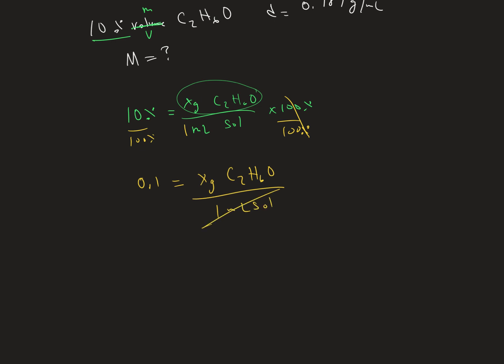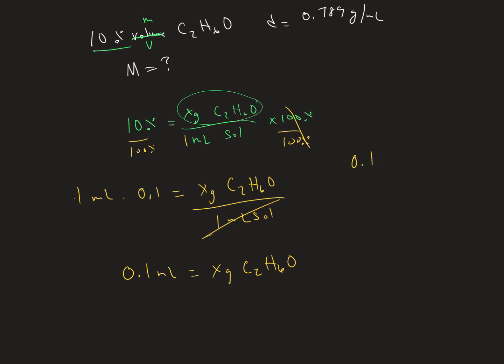And multiply 1 milliliter of solution to both sides. So I have 0.1 milliliters equals X grams of C2H6O. So that means I have 0.1 gram per milliliter. Does that make sense or no?